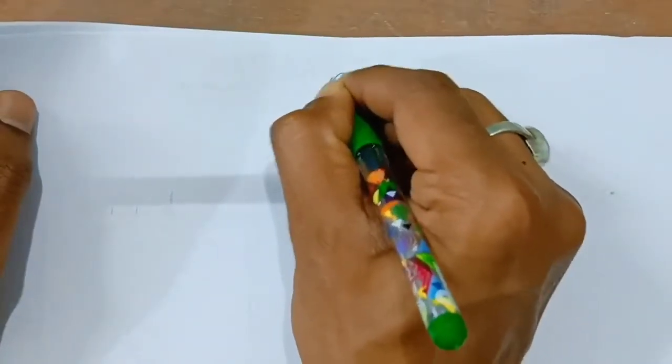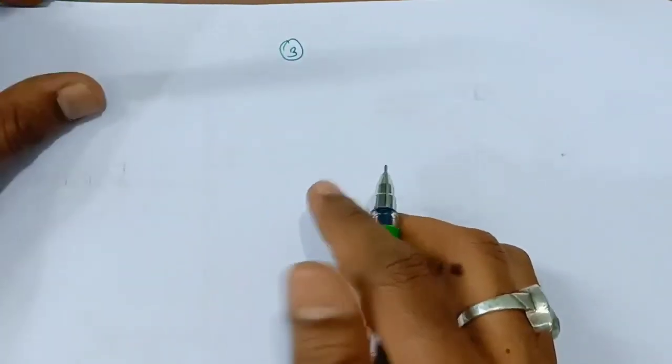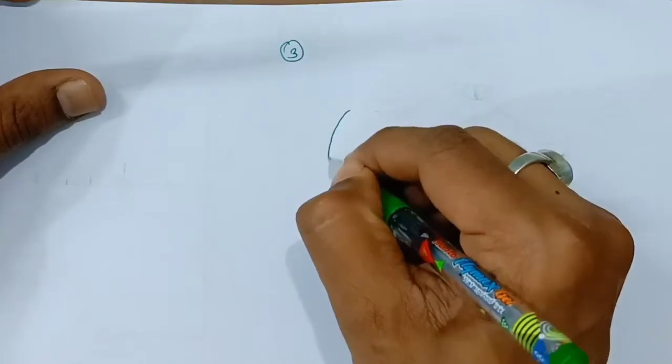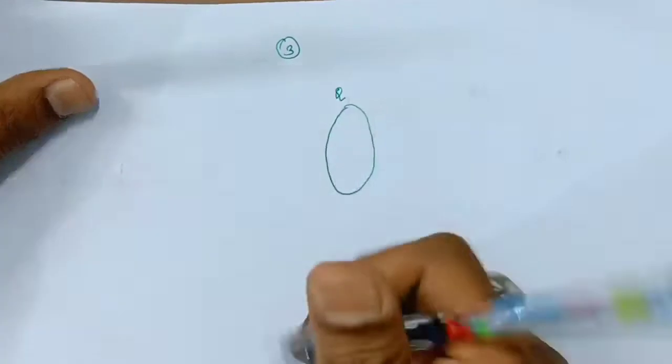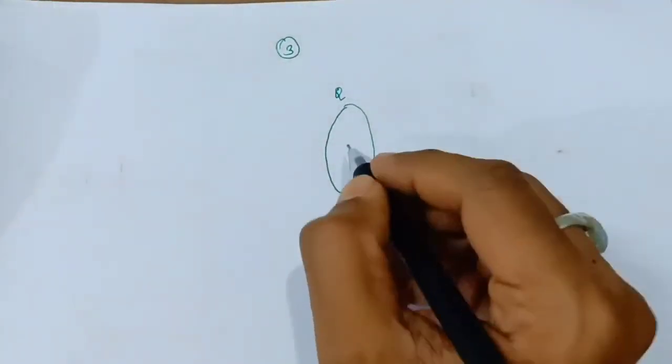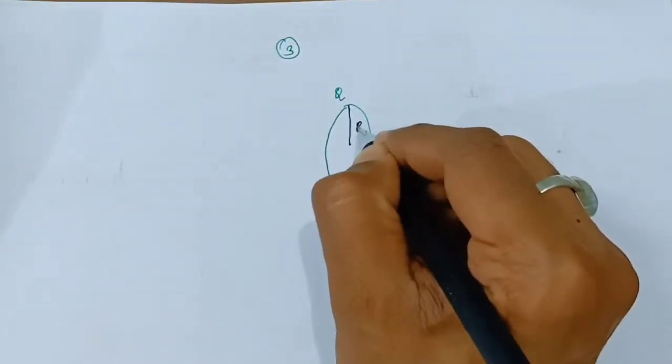Question 3 based on force of interactions. How the questions will be framed. This is a ring. A ring having charge q is uniformly distributed and the radius of the ring is r.